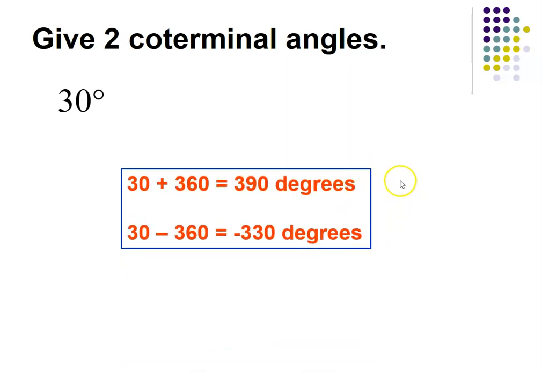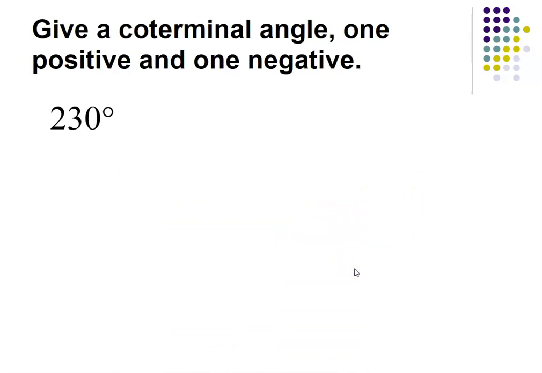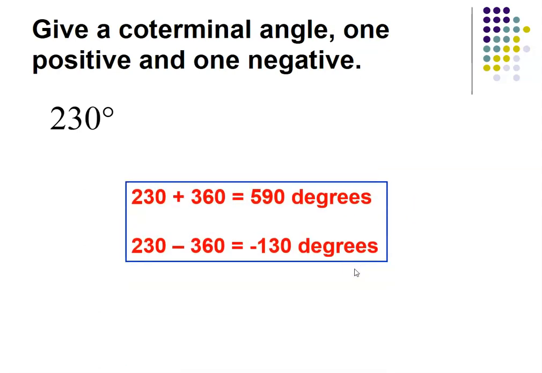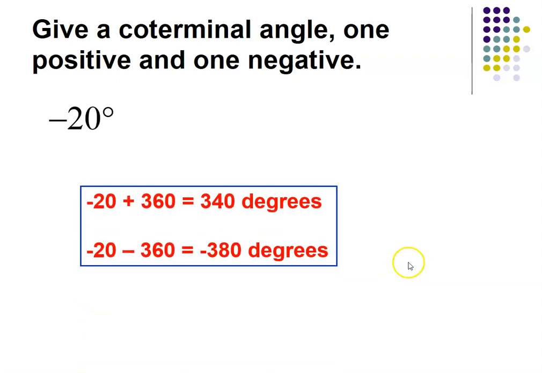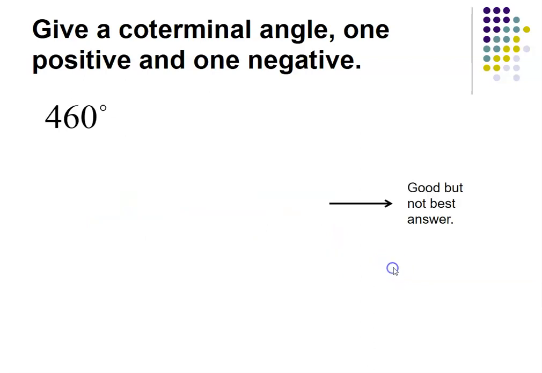How about 30 degrees? What is the coterminal of 30 degrees? You add 360 and you subtract 360 as well. So now we have 390 degrees and negative 330 degrees. For 230, the same: add 360 and you will have 590 and negative 130 degrees. Then for negative 20, add and subtract 360, and you will have 340 and negative 380 degrees.